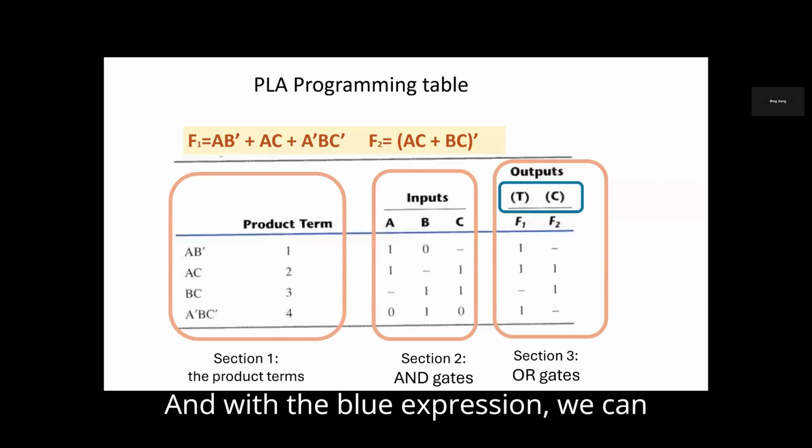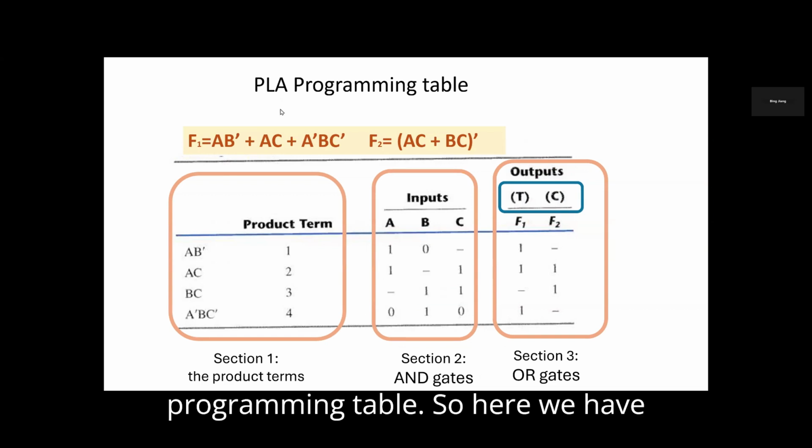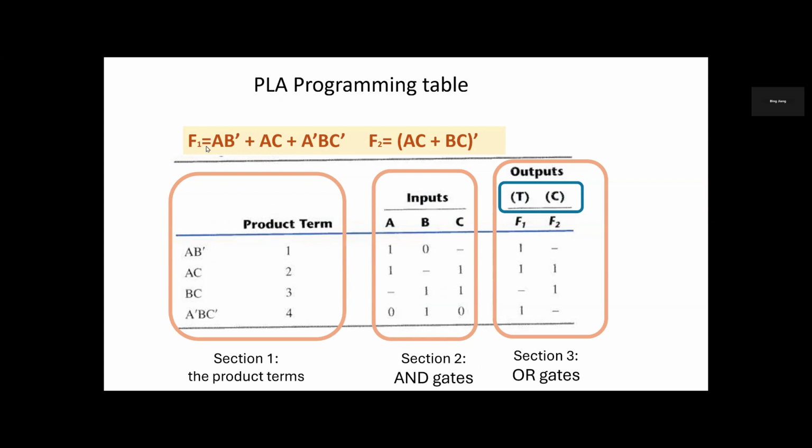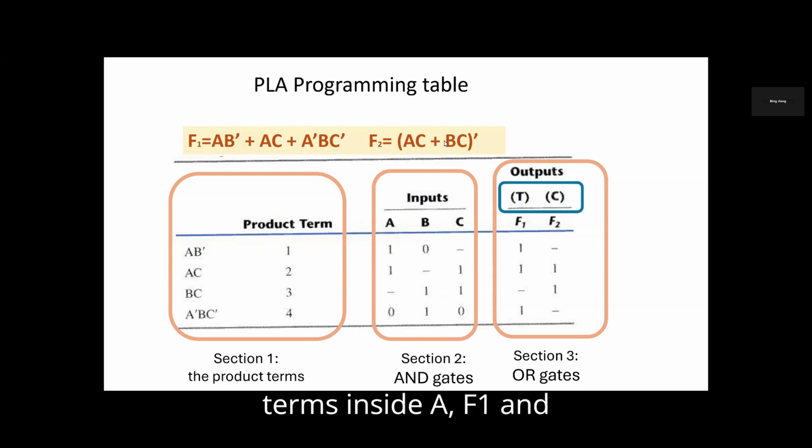And with the Boolean expression, we can write a PLA programming table. So here we have three sections. The first section is the product term. Let's have a look at how many product terms are inside F1 and F2. So we have AB prime, AC, A prime, B, C prime.